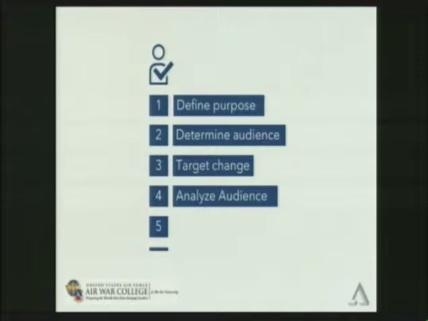Figure out as much as you can about the people you're trying to influence, and there's a series of questions you can ask that get you quickly to at least an understanding of the content you need, of the understanding you need, and we're going to go through those questions in a moment.